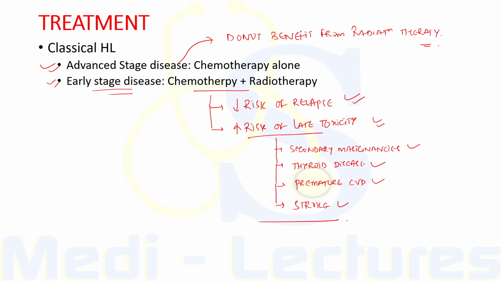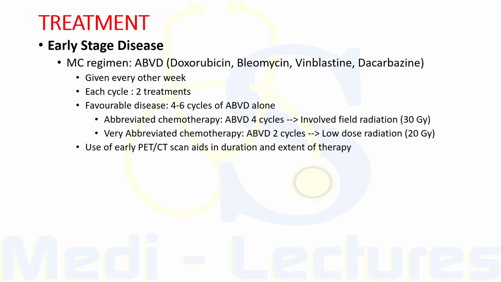Now this results in minimal or no improvement in the overall long-term survival of these patients. And much of this risk can be attributed to the addition of radiation therapy. Thus, investigation into treatment of early stage disease at present is aimed at trying to maximize the treatment outcome without using any radiotherapy. So let's first start with the treatment of early stage disease.